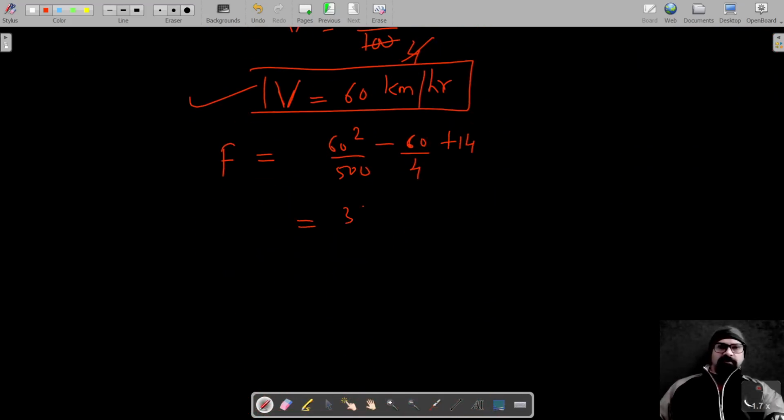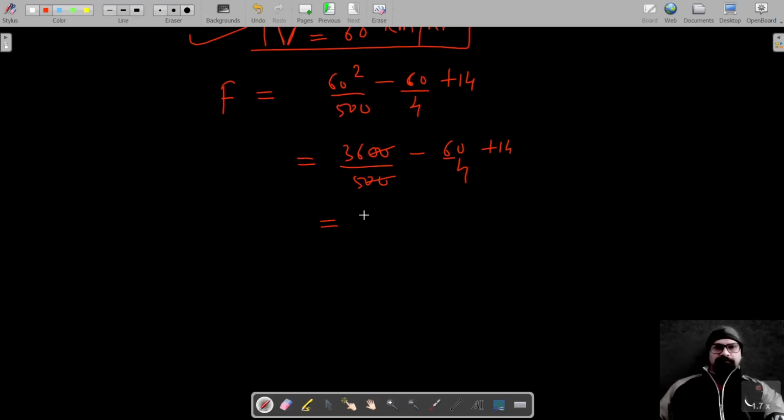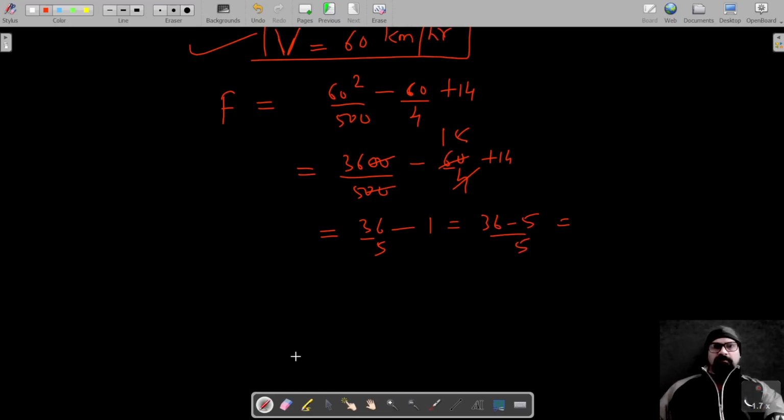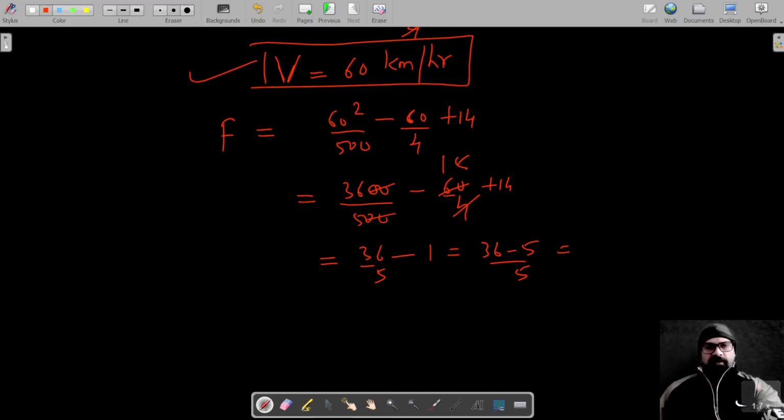So this is 3600 by 500 minus 60 by 4 plus 40, which gives me 36 by 5 minus, this is 4 upon 4, this is negative 1. So this is 36 minus 5 by 5, which is equal to 31 by 5, which is equal to 6.2.